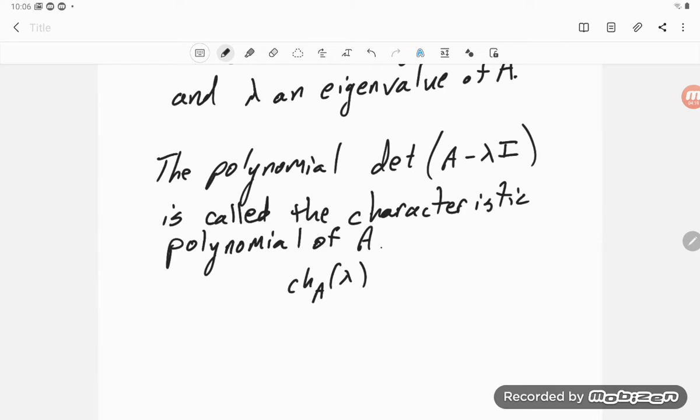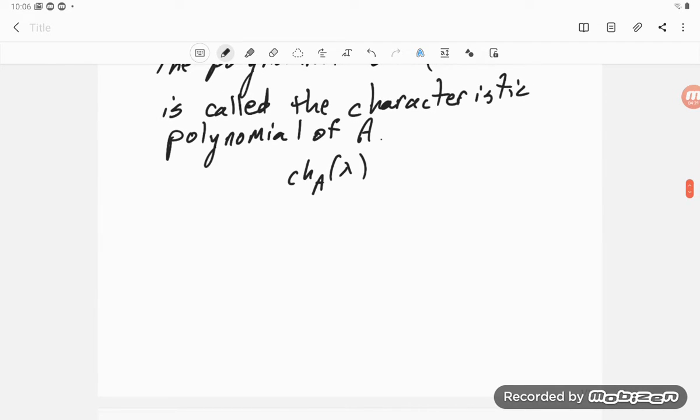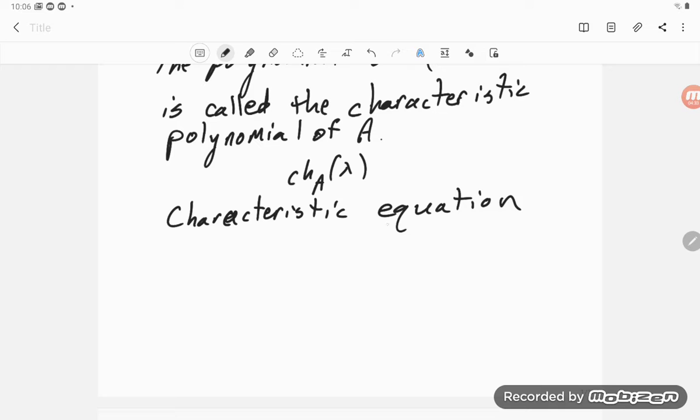Okay. And then the characteristic equation. So we had our polynomial, but if we want our equation in order to find our lambdas, that's the determinant of A minus lambda I equal to 0.